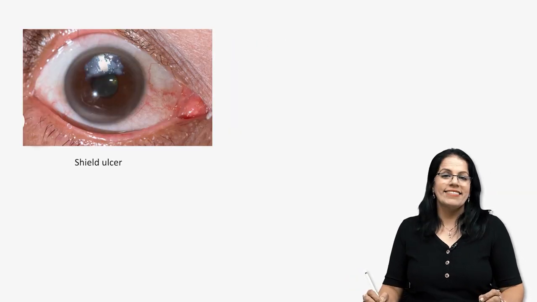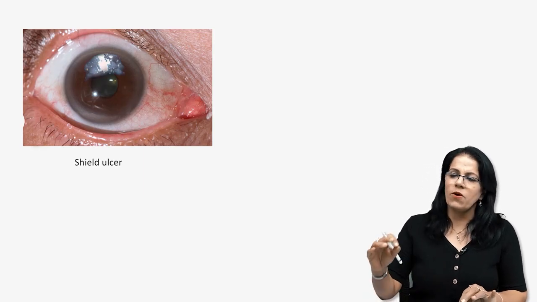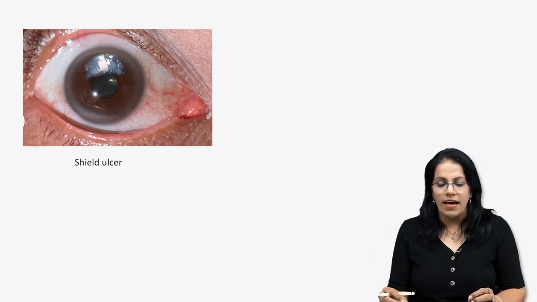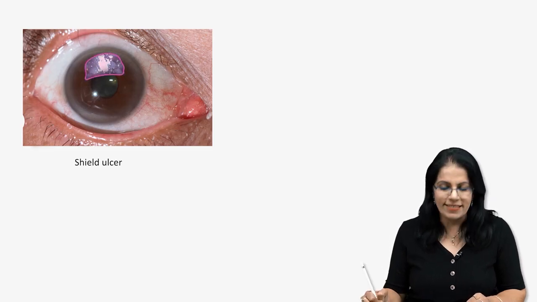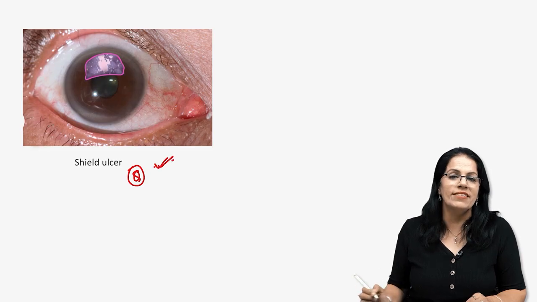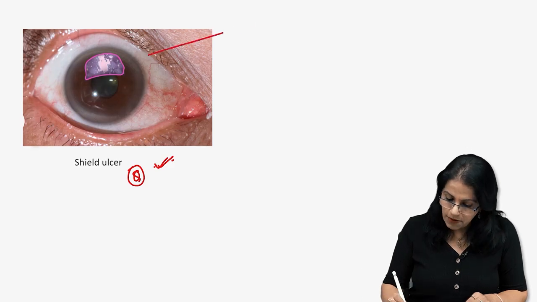Okay. What next? Another finding is, because micro erosions are there in the cornea due to corneal involvement, mucus gets stuck there, right? And some calcium phosphate deposits. This is what is shield ulcer, right? So, this is also an exam question, the straight question, if it is a feature of, you answer vernal keratoconjunctivitis. So, this is what is shield ulcer. What is shield ulcer? What did you learn? There are micro erosions.